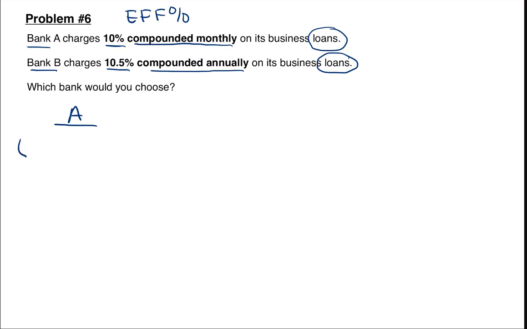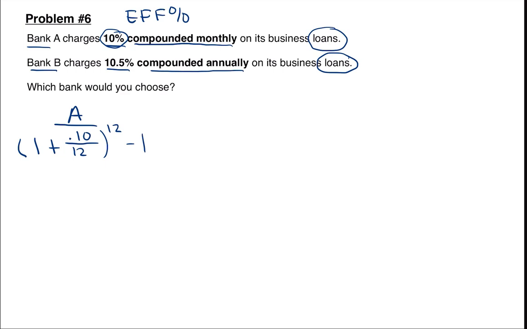I'm going to use the 1 plus the 10%, 0.10, divided by the number of compounding periods per year. In this case, it's monthly. And my exponent is going to be the number of compounding periods, which again is monthly, so that's 12. And then I subtract 1 from that at the end.